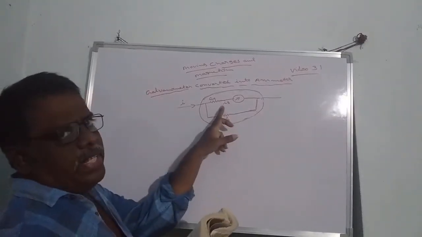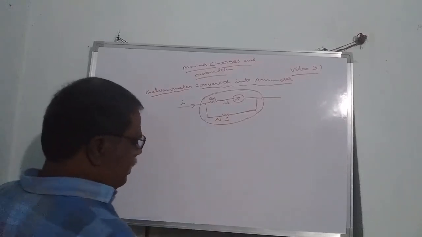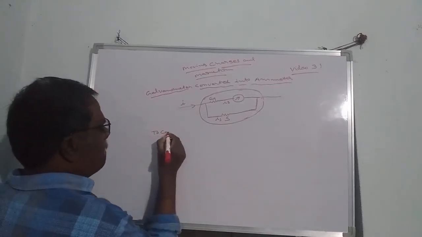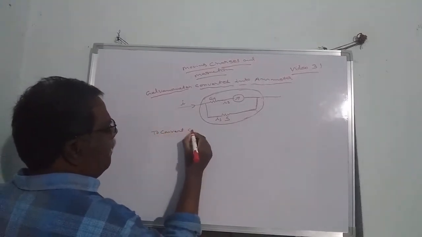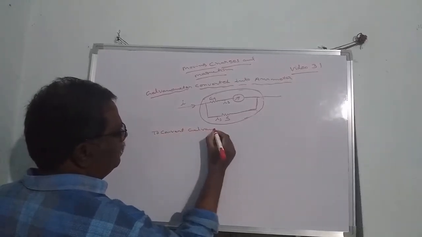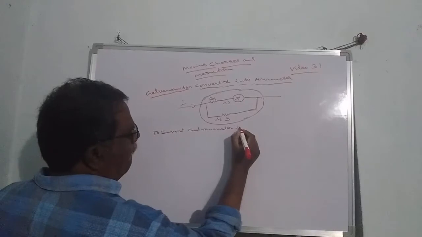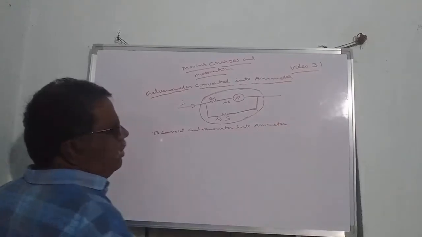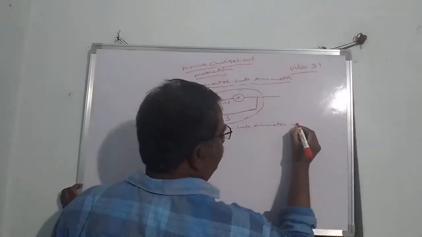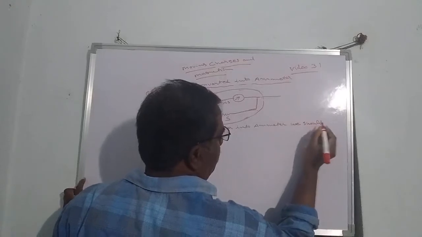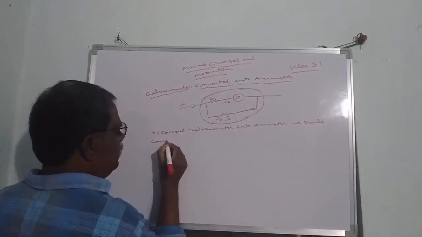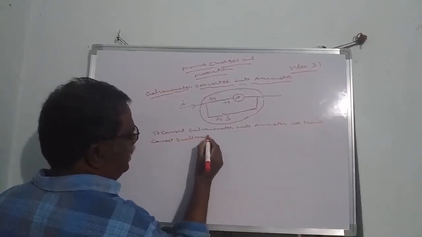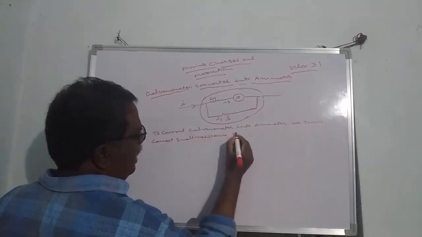Galvanometer current is denoted with I suffix G, shunt current is denoted with I suffix S. That means to convert a galvanometer into an ammeter, we should connect a small resistance parallel to it.